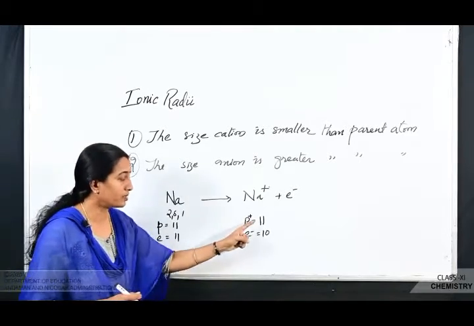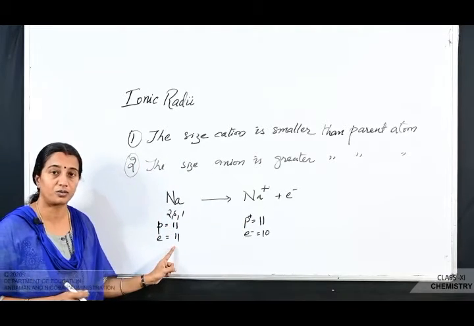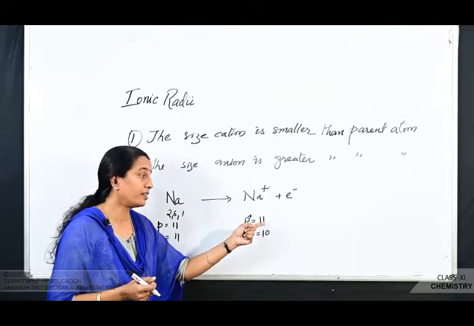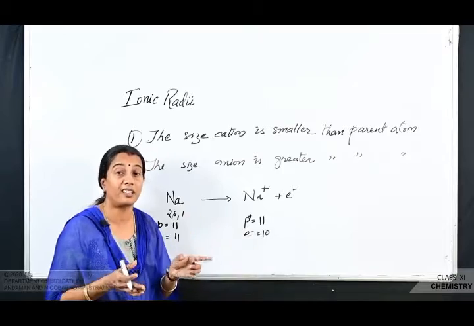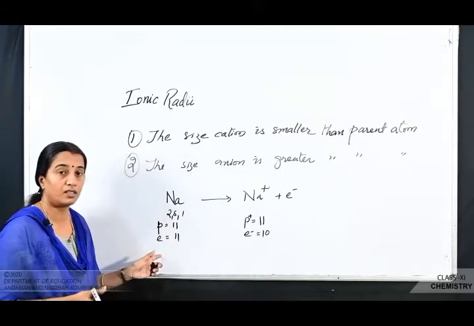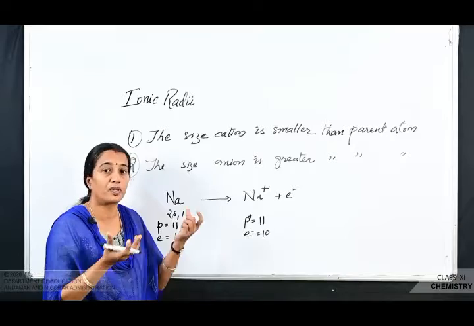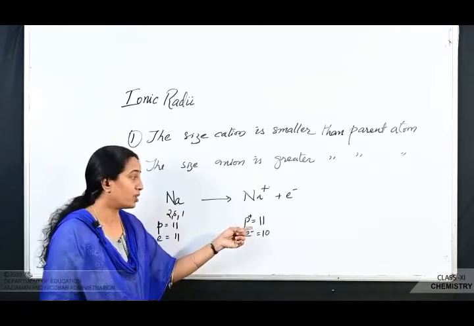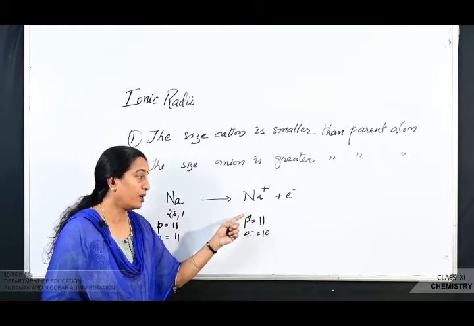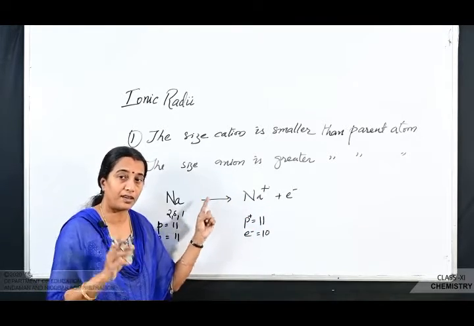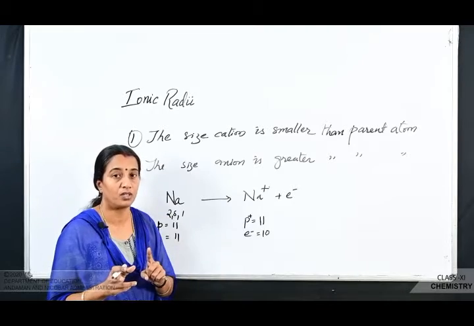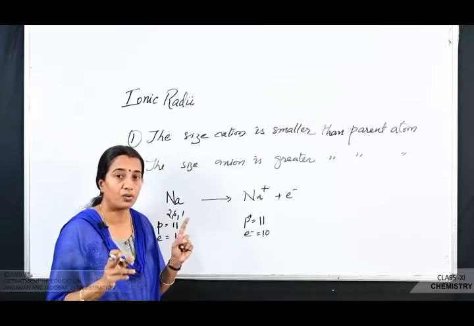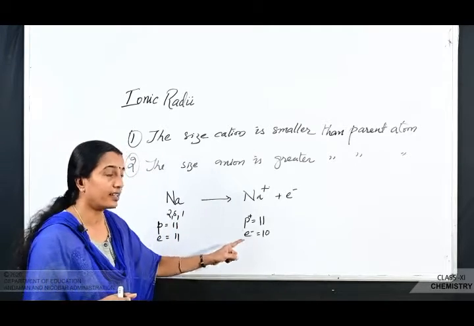So what happens? At first, the 11 protons were holding 11 electrons. But in this case, the 11 protons are going to hold 10 electrons. That means the nuclear pull is much more than before. Okay, where the pull is more, what will happen to the size? Since the nucleus pulls the electrons toward it, the size will be smaller. So here the size of the cation is smaller because of the nuclear charge pull, that is the effective nuclear charge per electron, which increases. The word to use is effective nuclear charge per electron, it increases.